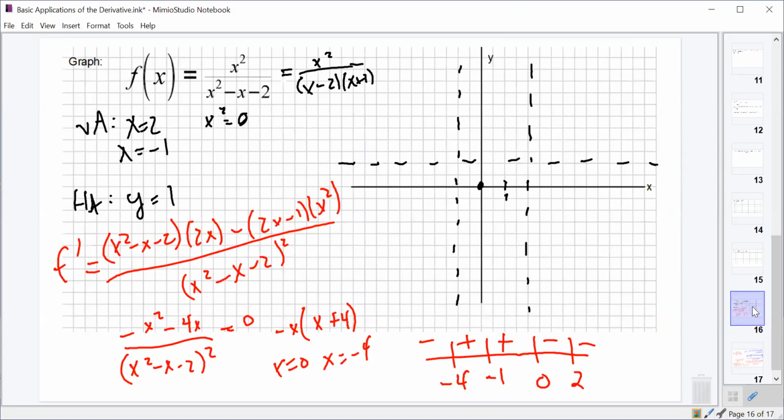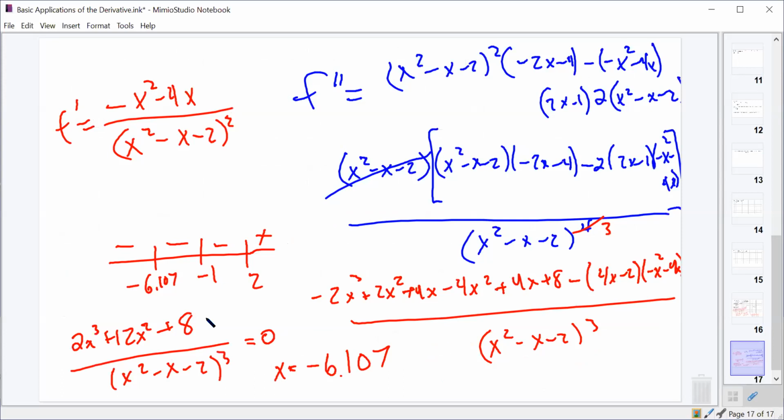So now all we have to do is plot our points and graph it. I feel like we got an issue over here with these two negatives here.